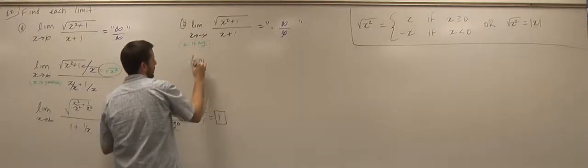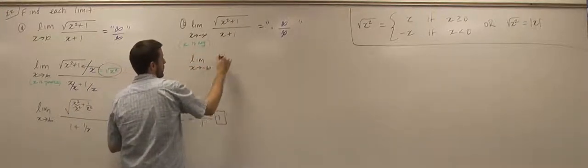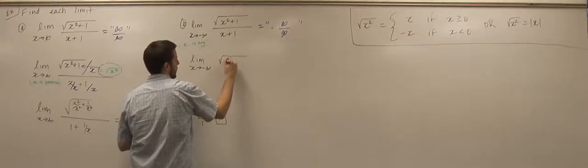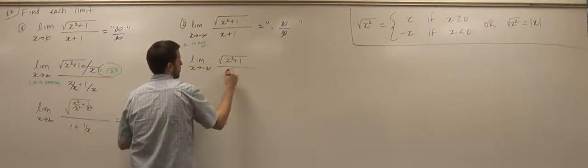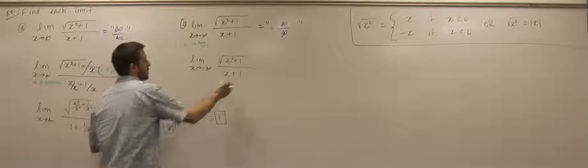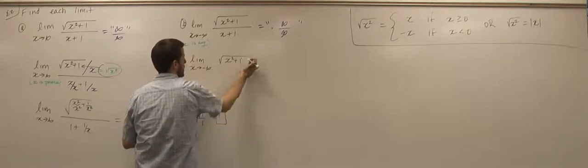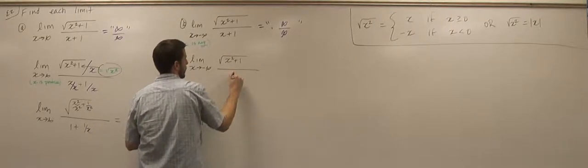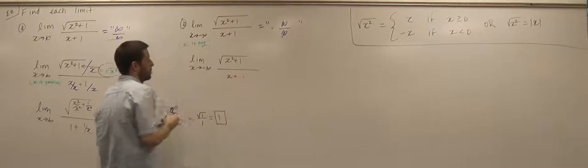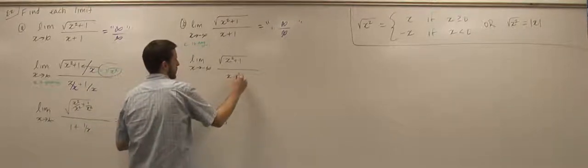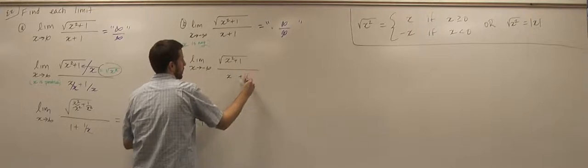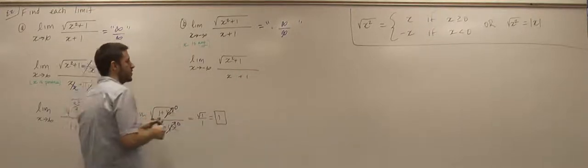What do you think I should divide by here? Think I should divide by x again? No. I'm going to divide by negative x, because that's going to make my substitution really easy.